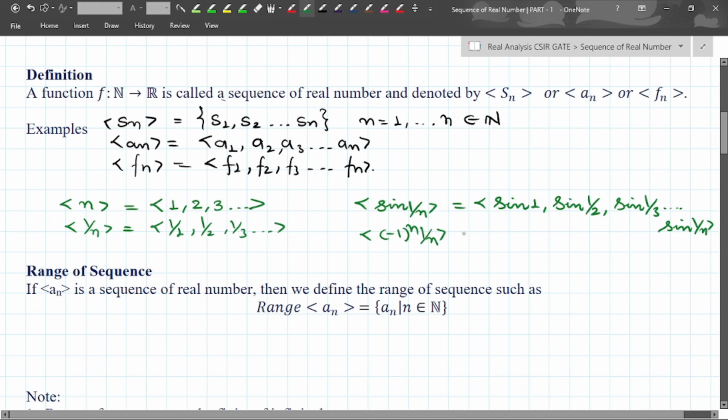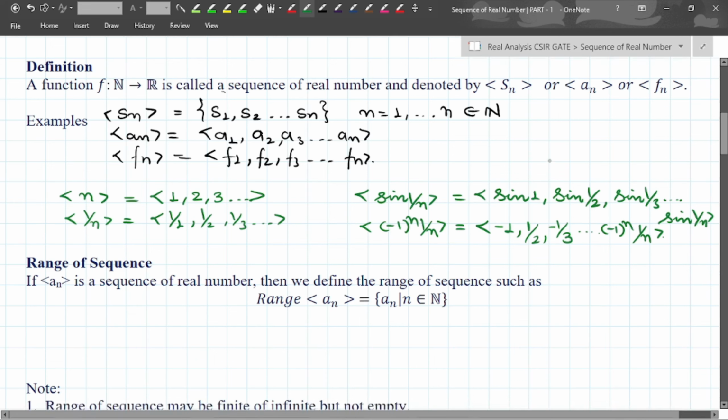If n is 1, then it is minus 1. If it is 2, then it is 1 by 2, positive. If it is 3, then minus 1 by 3. So it goes up to minus 1 upon n. All these are examples of sequences, and we'll explore these sequences in this video.